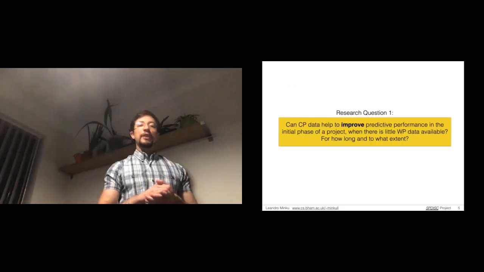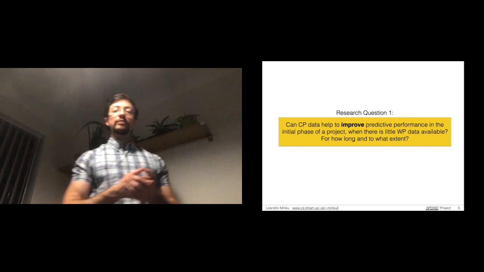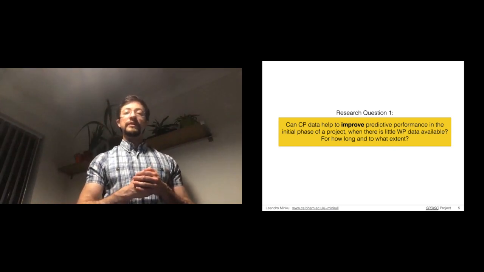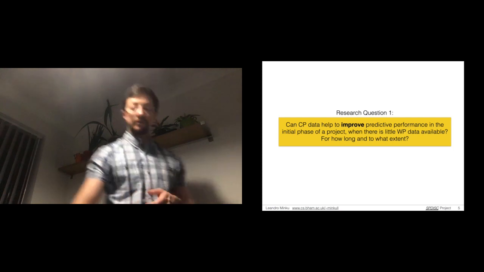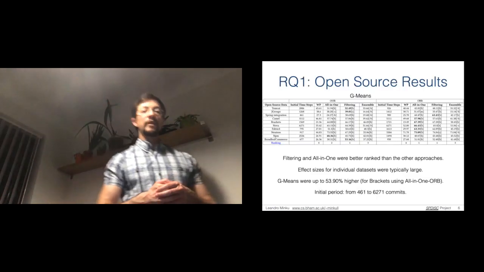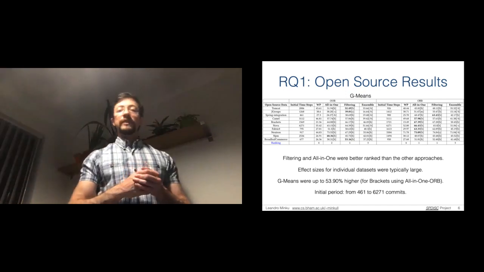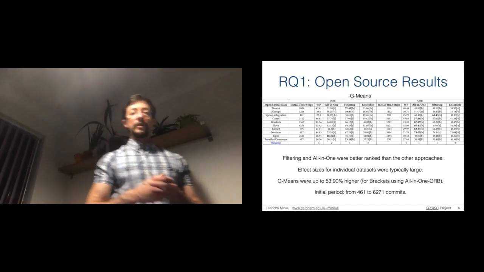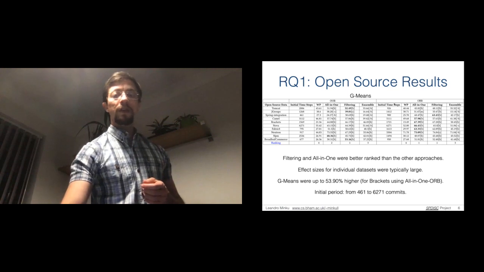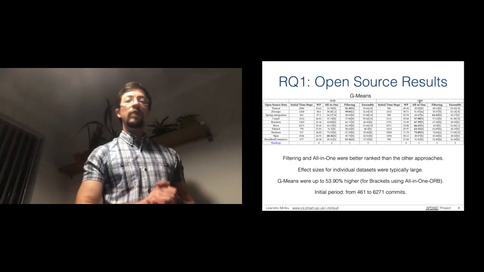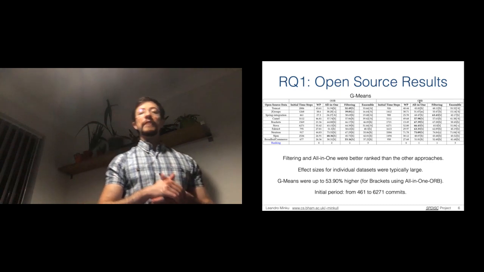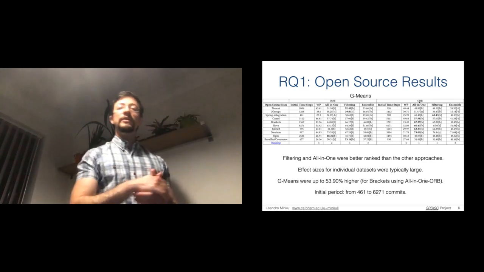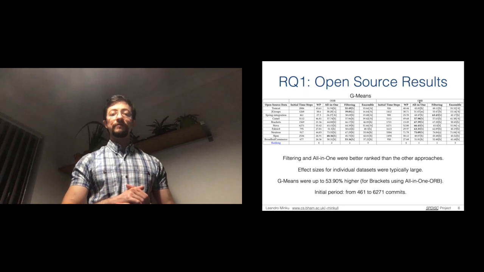Our first research question is, can cross-project data help to improve predictive performance in the initial phase of a project when there is little within-project data available? For how long and to what extent? We performed experiments with 10 open source projects using both OOB and ORB as base models for our approaches, and we report here the G-means, which are the geometric means between the recall on the clean and on the defect-inducing class.